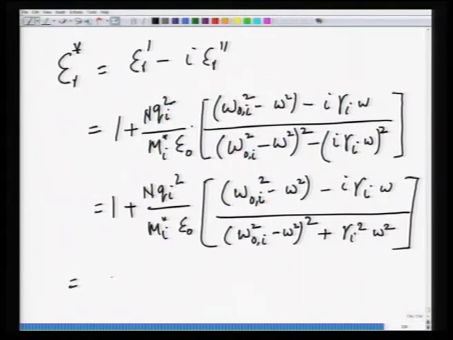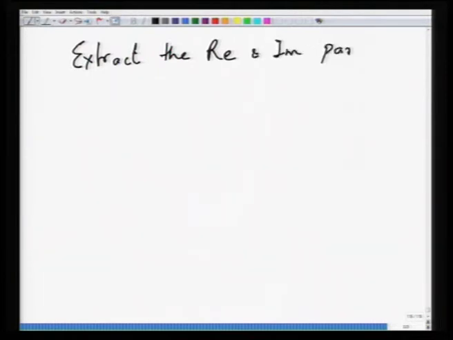So as you can see here, we will go to the next page now. If you compare, extract the real and imaginary parts.